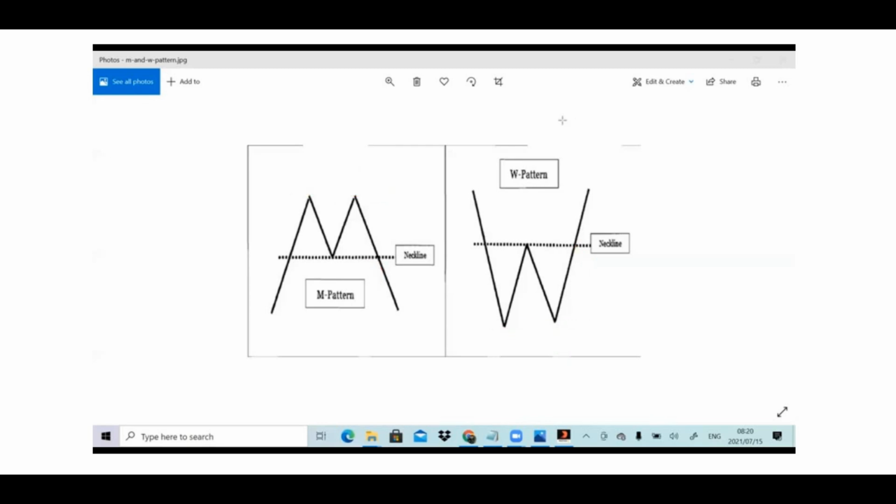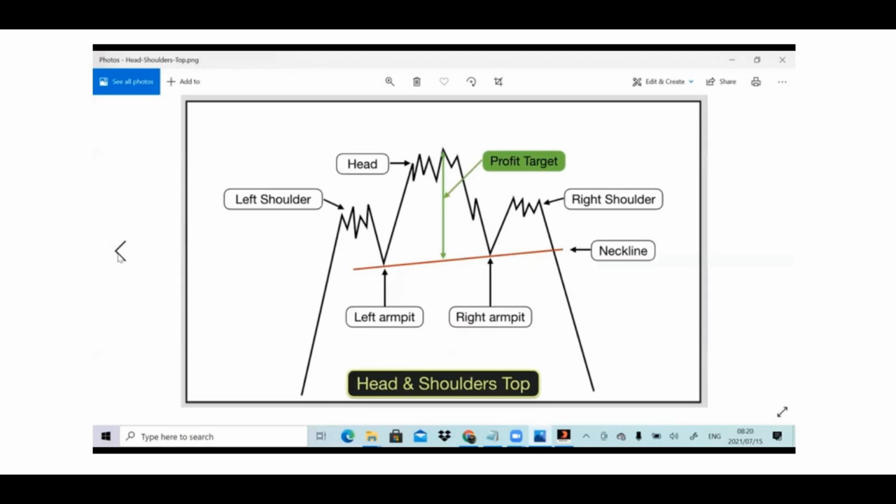We look at the necklines, and that's where. So necklines. How do we? It comes to a head and shoulder. You are going to have a left armpit and right armpit. Have your left shoulder, head, right shoulder.